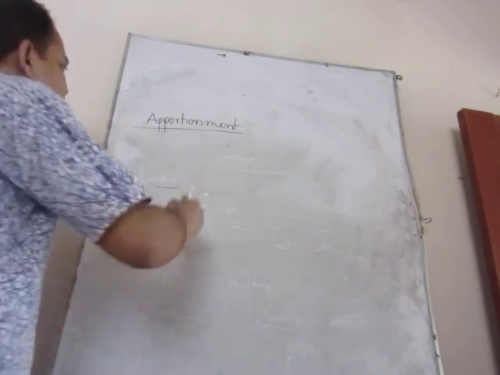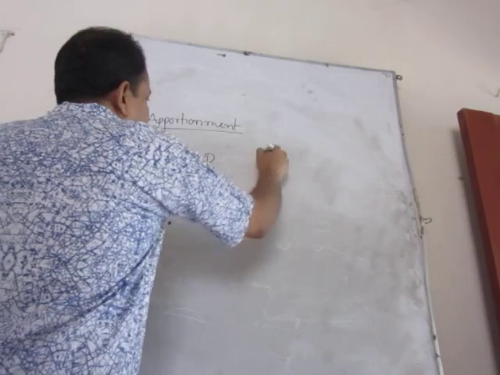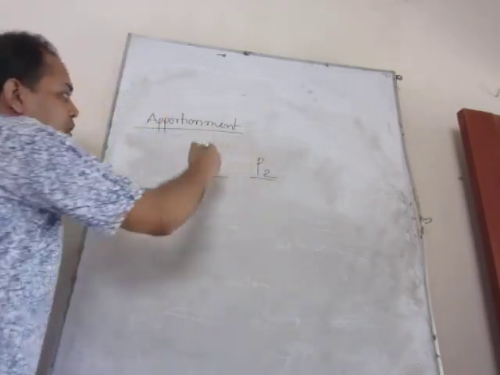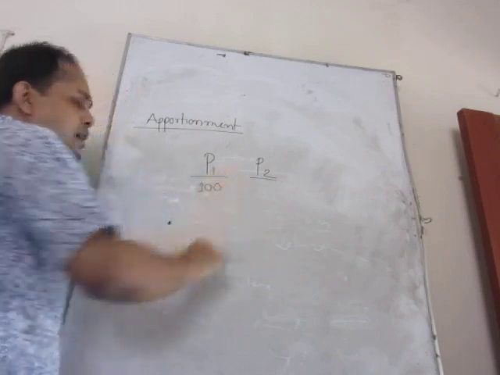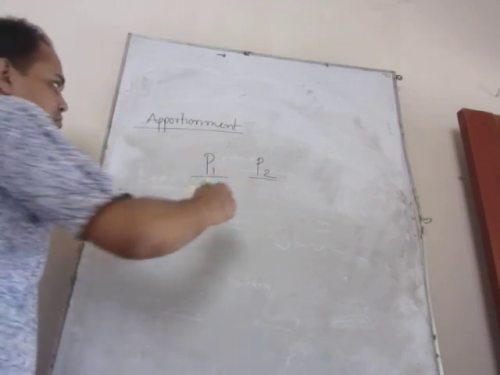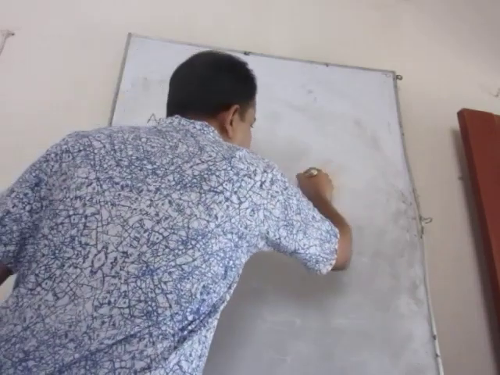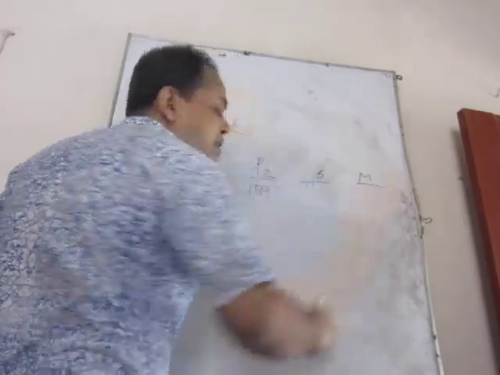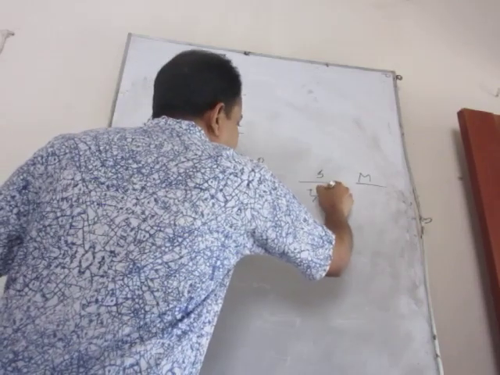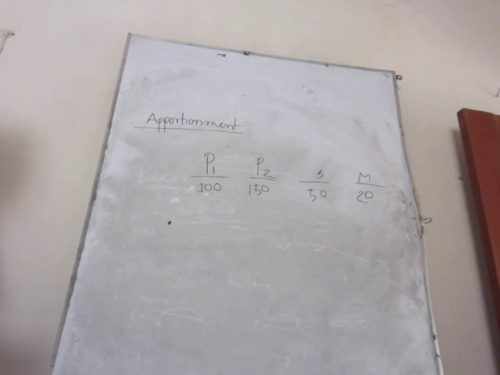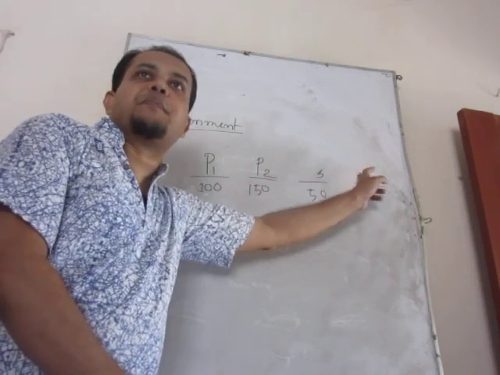As for example, suppose your production department 1 and production department 2. After allocation, production department 1 has $100 overheads. This has $150 overheads. And there are service departments, store and maintenance. Store cost is $50 and maintenance cost is suppose $20. So these are the service provider departments.